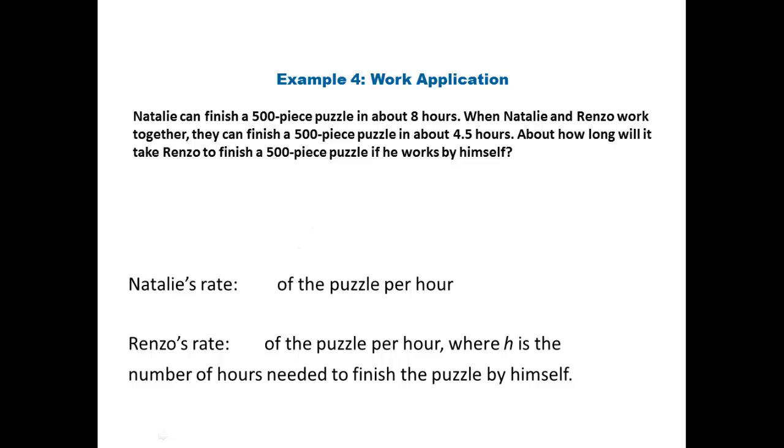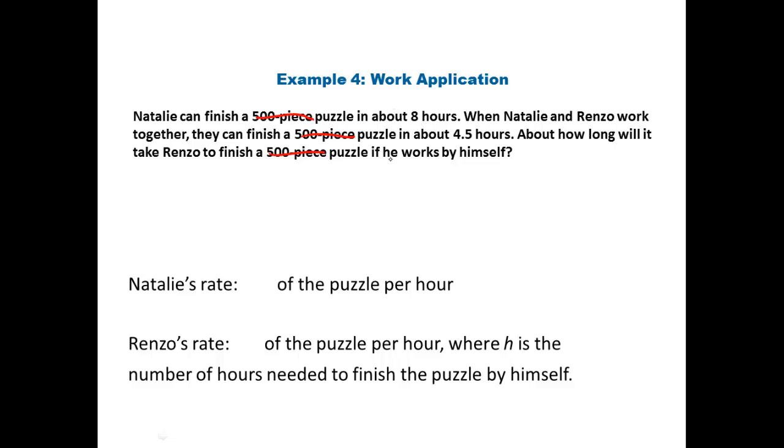Alright, what's important to recognize is that the 500-piece puzzle doesn't matter. Don't get confused by the 500. Think of it as they are doing a puzzle. Actually, let's do this. Cross out the 500-piece. Okay, they're doing one puzzle.